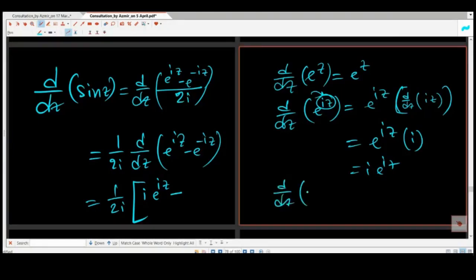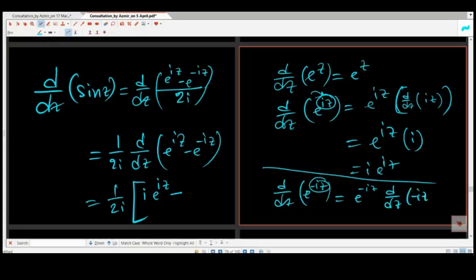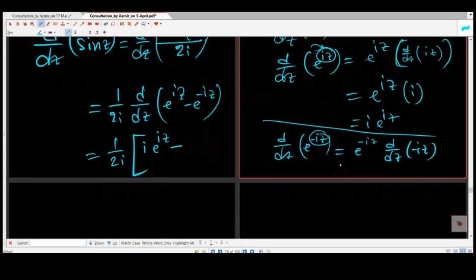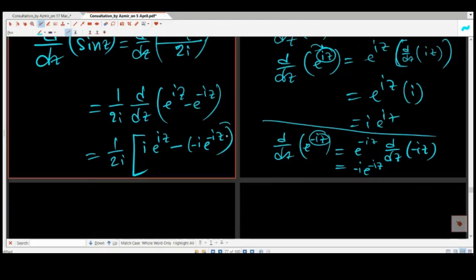Similarly, d/dz of e^(-iz): the derivative of e^z is e^z, considering this exponent as z, and again we are differentiating the exponent. Minus i is taken out front since it is constant, and the derivative of z is 1. So the derivative of this will be minus i e^(-iz).